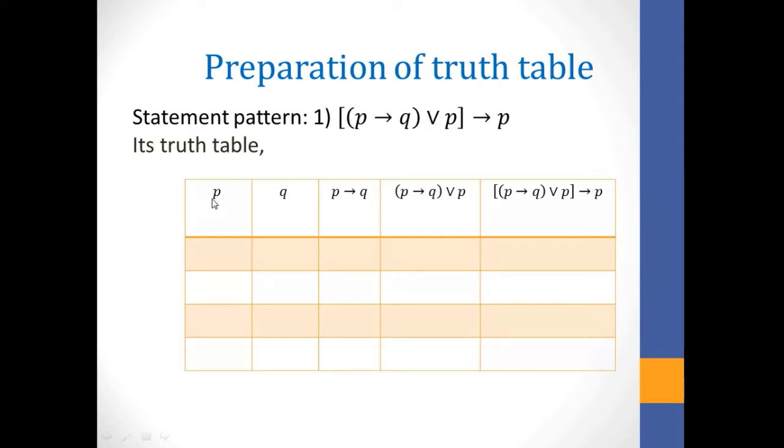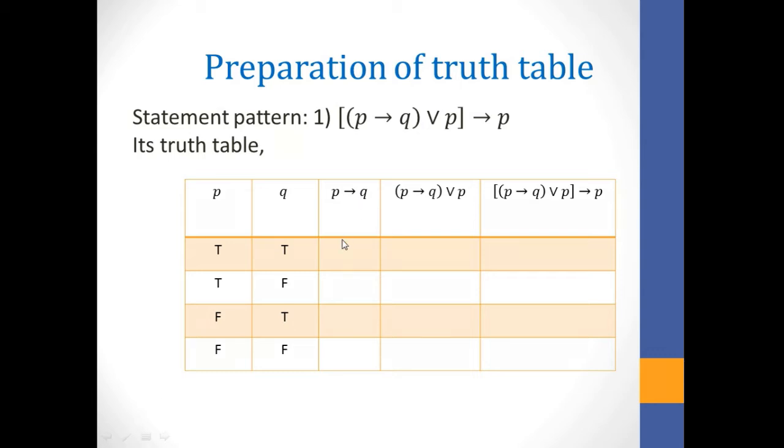Now the first 2 columns are always for P and Q, and the possible values, as said earlier, you have to write T, T, F, F for P, and for Q we have to write T, F, T, F. So you will get all 4 possible combinations: T, T; T, F; F, T; and F, F.